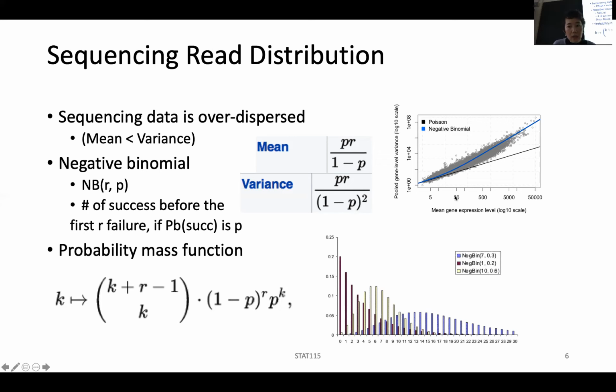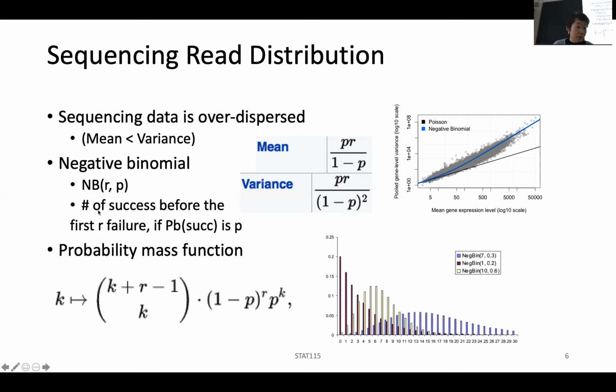For Poisson distribution, the mean and the variance would be the same, but what people observe is that in real sequencing, there are different types of other biases. And so the end result is that the variation is usually bigger than the mean. And so the negative binomial distribution really captures this.